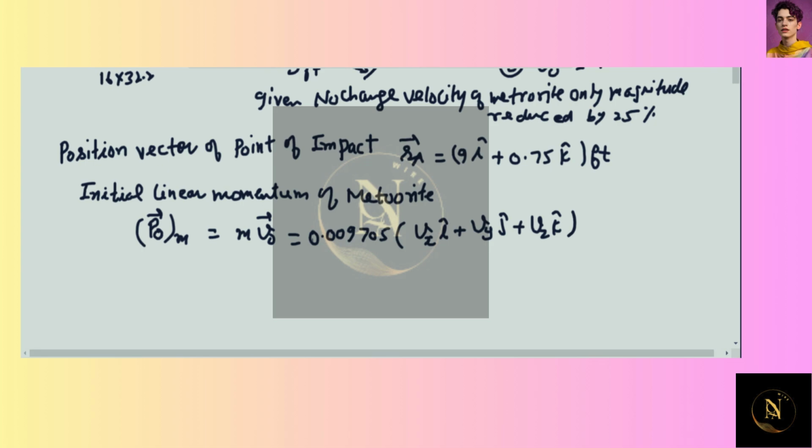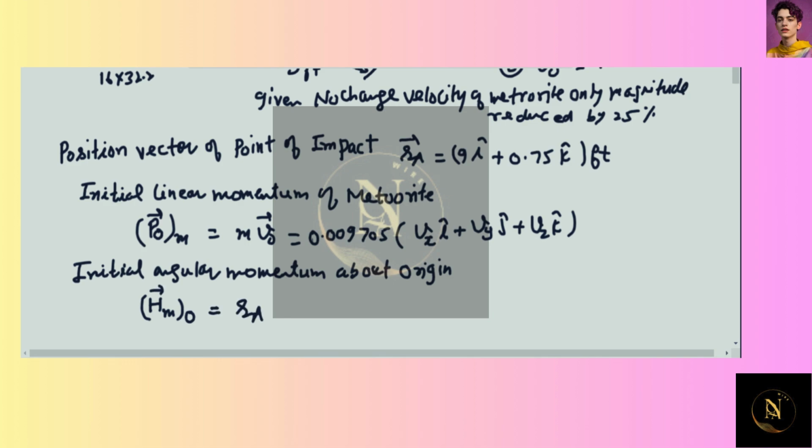Initial angular momentum about the origin is Ra cross P naught, using the i cap, j cap, k cap determinant with the r vector 9 feet, 0.75.